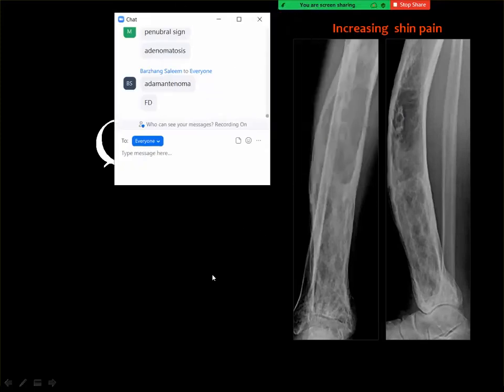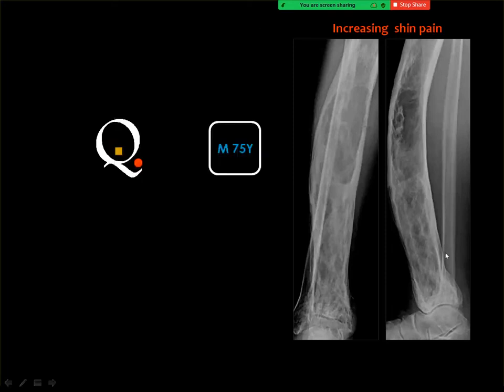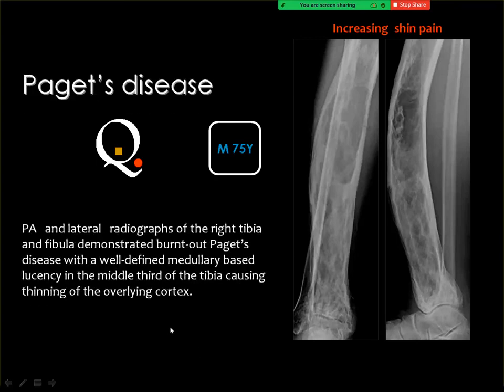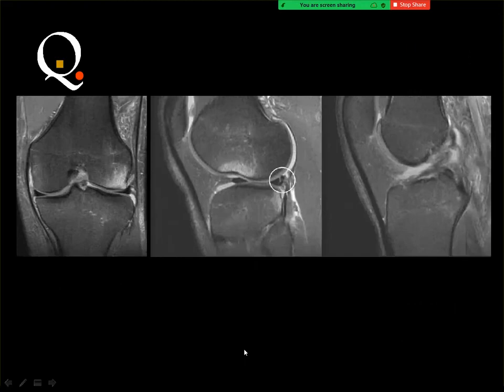Yes, the disease which causes significant enlargement of the bone, and this is Paget disease of the tibia. Of course, the adamantinoma does not cause enlargement of the bone, but it causes some bending or bowing of the tibial shaft. But the only disease, in my opinion, which can cause significant enlargement of the bone compared to the normal size is Paget disease.